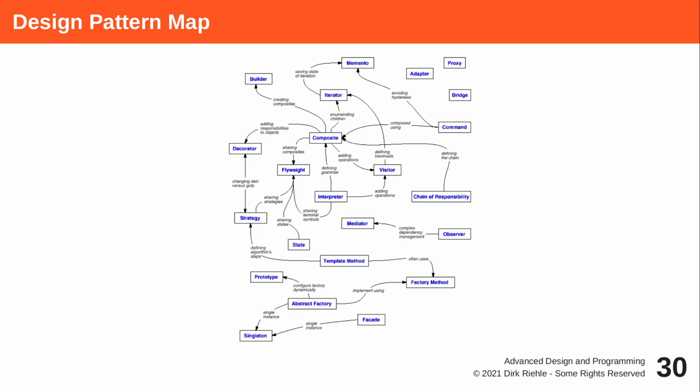For example, the composite pattern uses the iterator pattern to iterate over its child objects. That's the nodes below the composite object, or the components contained by the composite object. That's why there's a link here from composite to iterator called enumerating children.